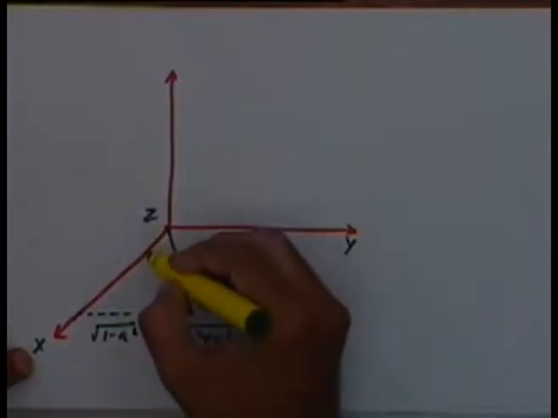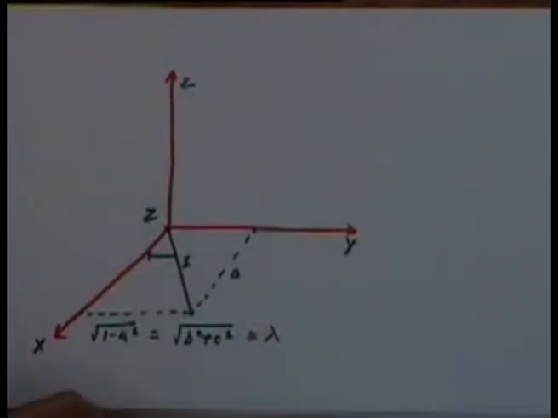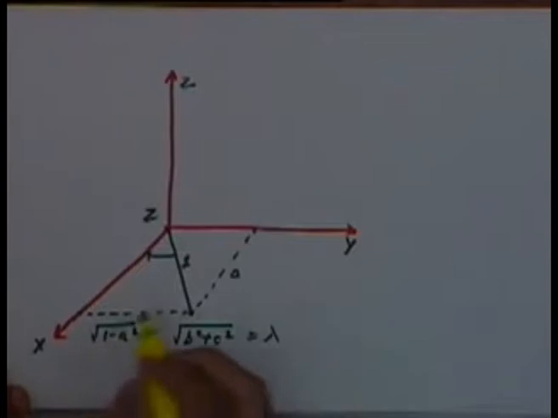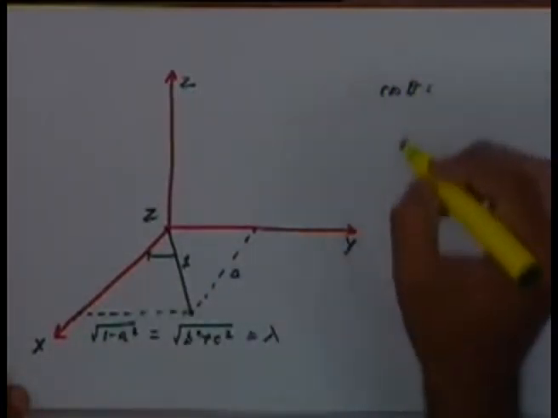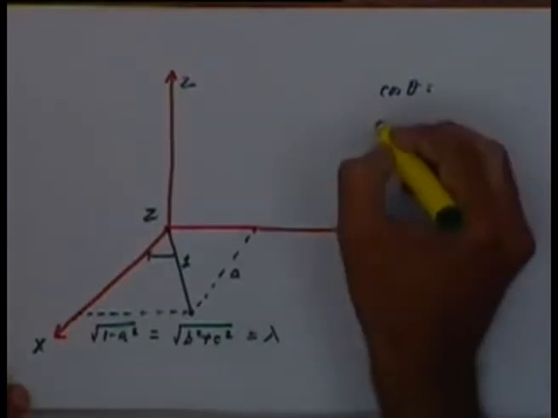If I want this angle, this is my z axis, what will be the cos of that angle and what will be the sine of that angle?